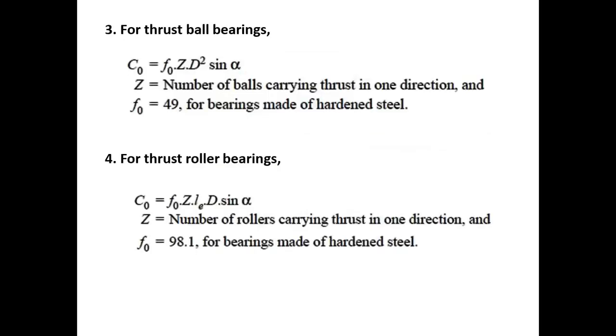For thrust ball bearings, C0 is defined as f0 Z D² sin α, where Z is the number of balls carrying thrust in one direction, and f0 is taken as 49 for bearings made of hardened steel. For thrust roller bearings, C0 = f0 Z Le D sin α, where Z is the number of rollers carrying thrust in one direction, and f0 is equal to 98.1 for bearings made of hardened steel.